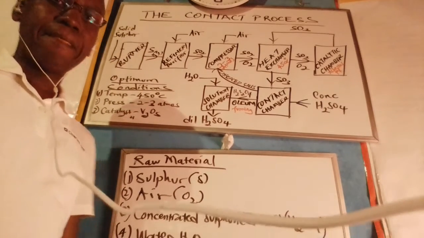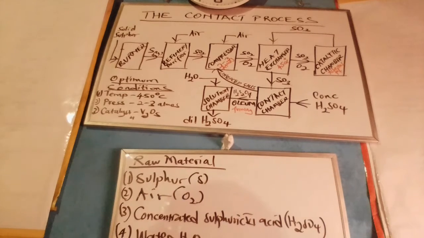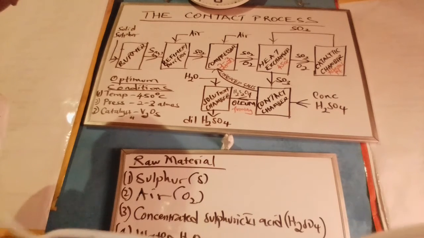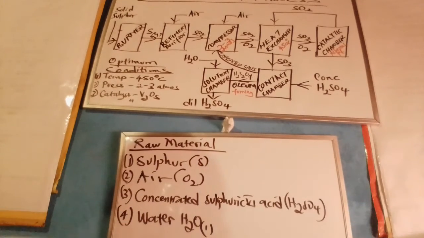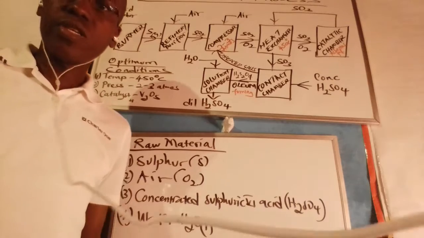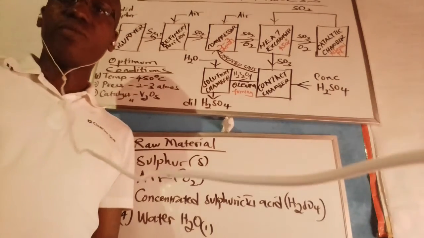As you can see above here, we have the flow diagram made up of 7 distinct chambers. However, the main reactions happen under standard conditions, which we refer to as the optimum conditions. These optimum conditions are the conditions under which the highest yield of product is produced using the least possible effort and taking the shortest time duration possible.